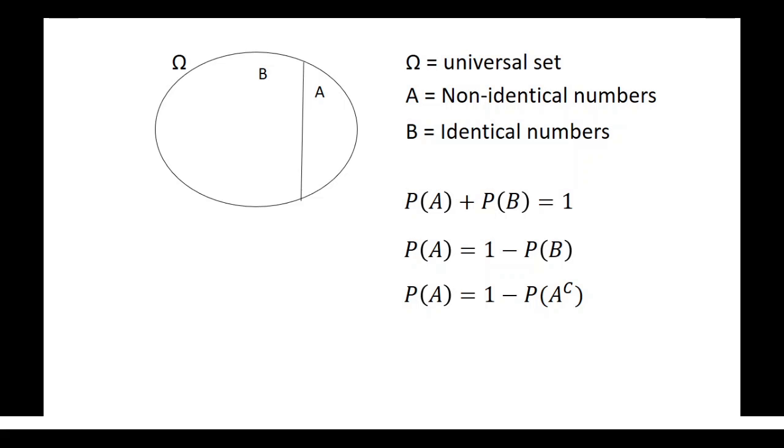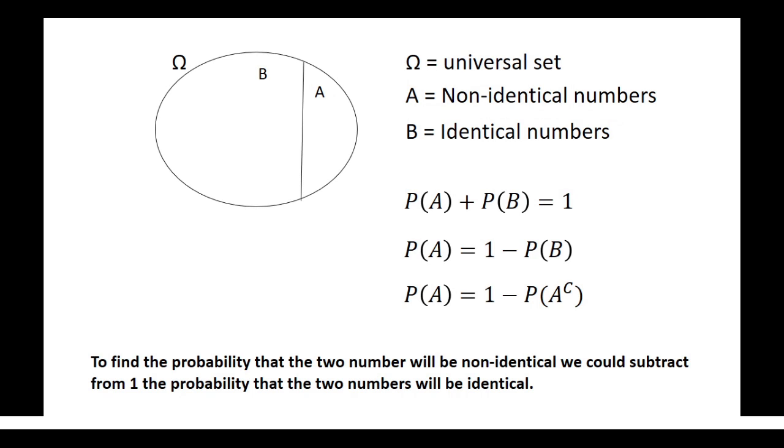Finally, how do we apply this relationship in this situation? So here it is. To find the probability that the two numbers will be non-identical, we could subtract from 1 the probability that the two numbers will be identical. So the take-home message is that probability of A is equal to 1 minus probability of A complement.